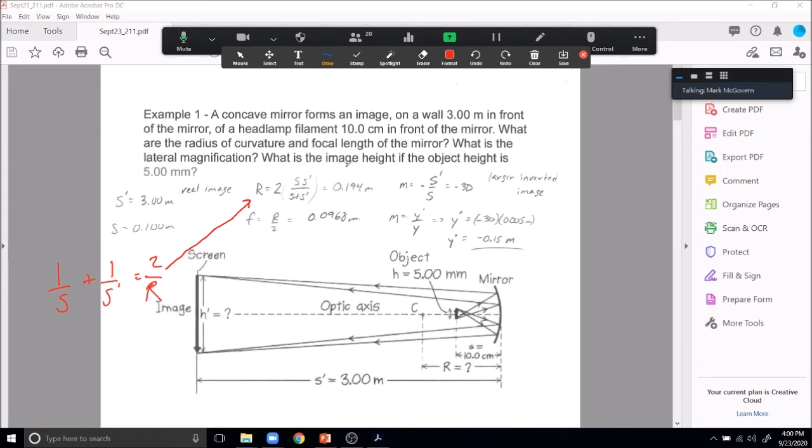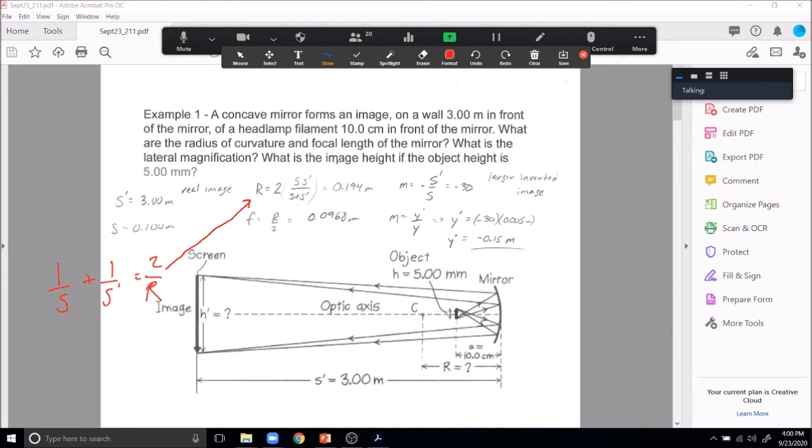Now, what will the image height be if the object height is 5 millimeters? We take the exact same relationship: M is equal to the ratio of S prime to S, and it's also equal to Y prime over Y. We solve for Y prime.